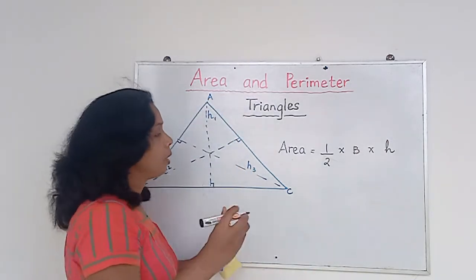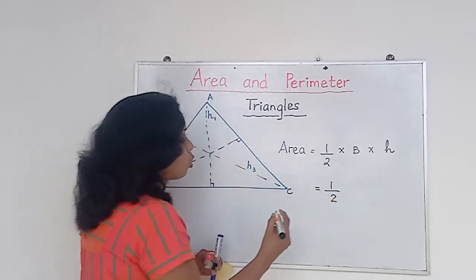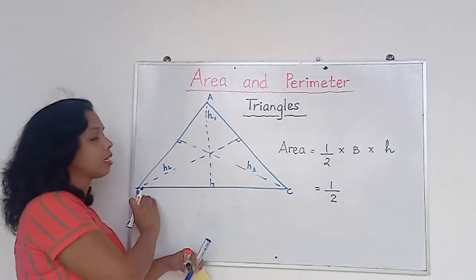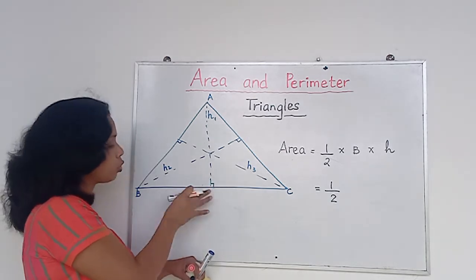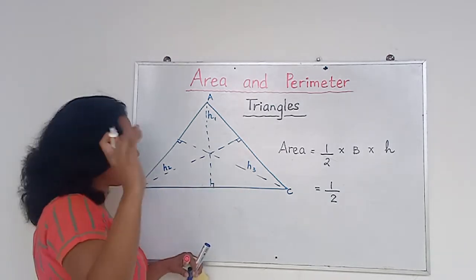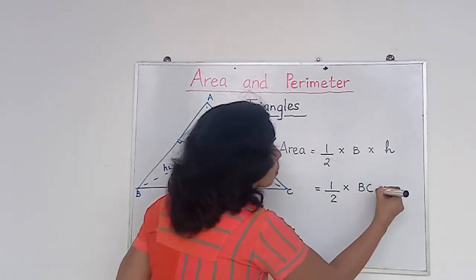Now tell me, half into base. What base am I going to select? The common one. Most students are going to select BC as the base. I'll write BC. It is my base.